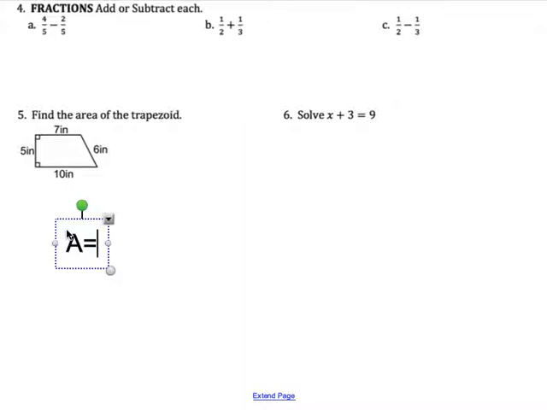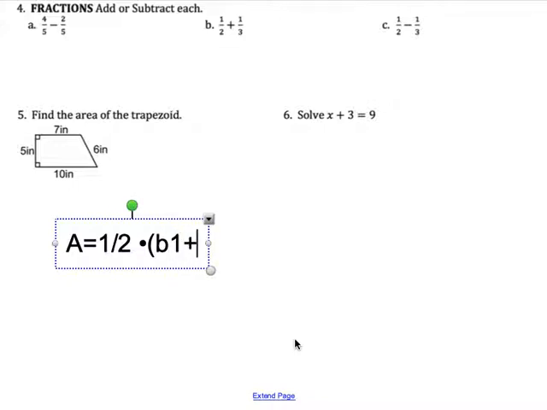You may want to write this down in your notes. It is 1/2 times the bases added together. So that'd be base 1 plus base 2, and then times the height.